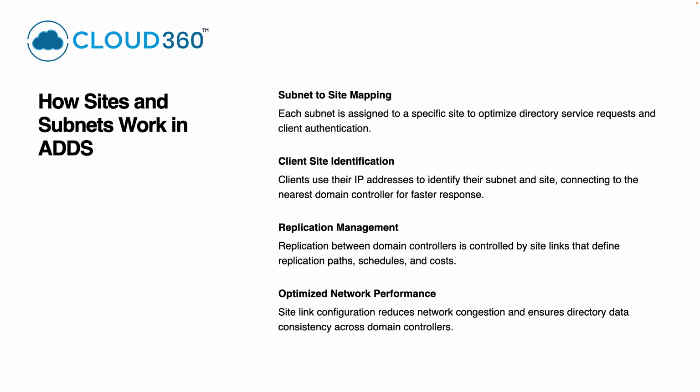When a client logs onto the network, it uses its IP address to determine its subnet and consequently its site. This allows the client to locate and connect to the nearest domain controller, reducing the latency and improving the response time. The replication between domain controllers is also managed based on the site topology.